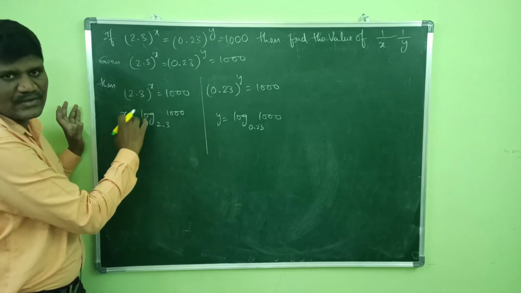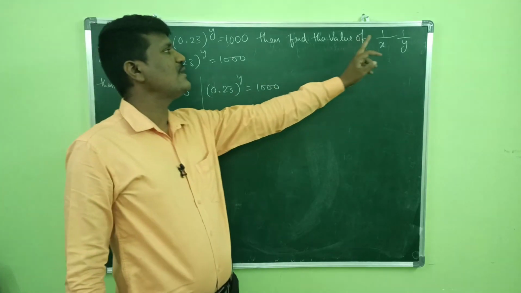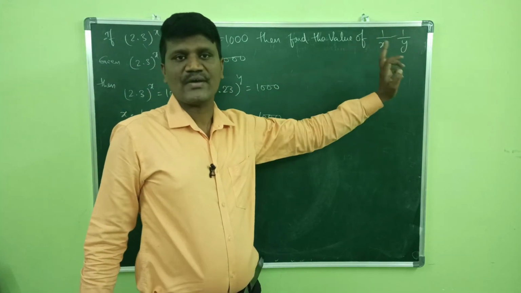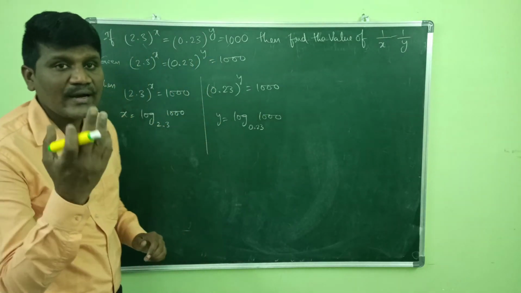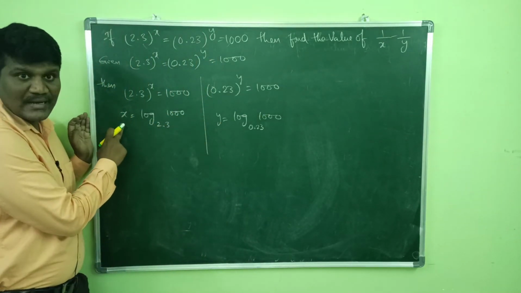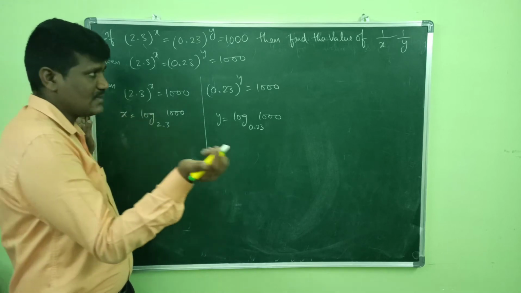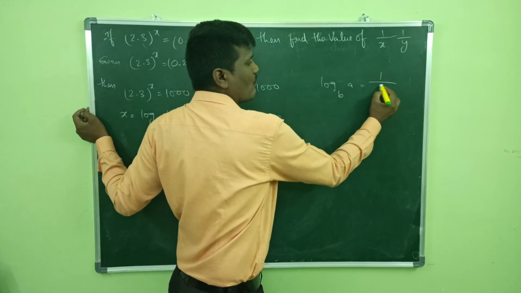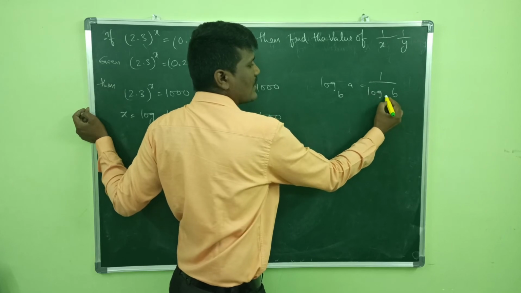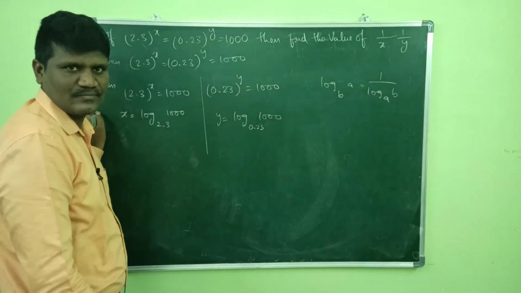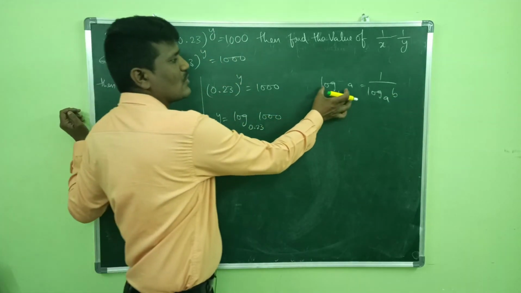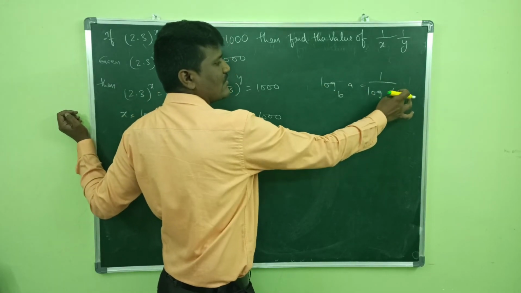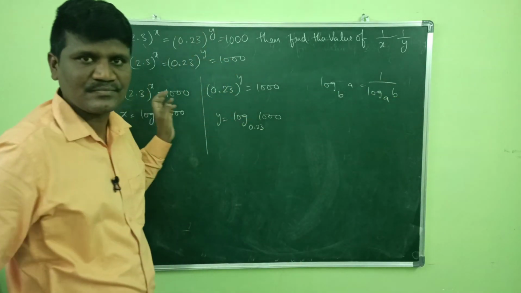Now I got the x and y values, but what I need is the 1/x and 1/y value. So how to write the 1/x value? So the 1/x value is nothing but, as I already said, log a to the base b is equal to 1/(log b to the base a). Right? If x is equal to this, it means 1/x is equal to the reversal of the power and base.